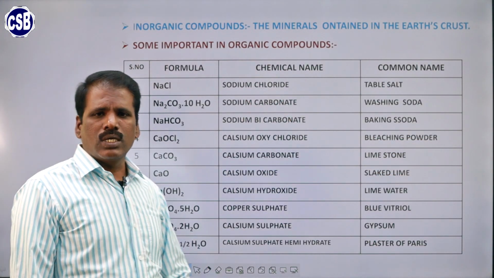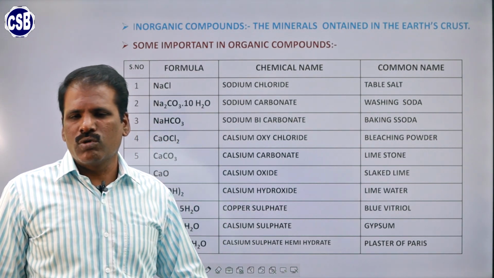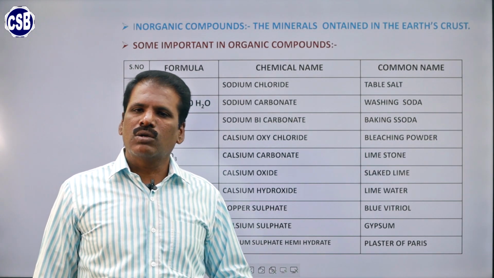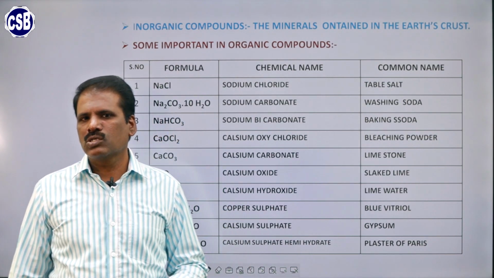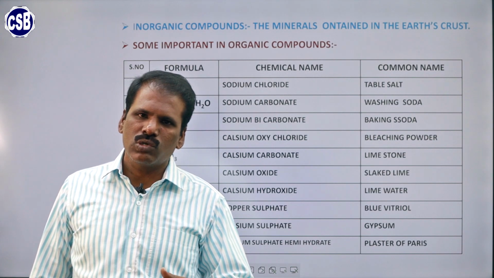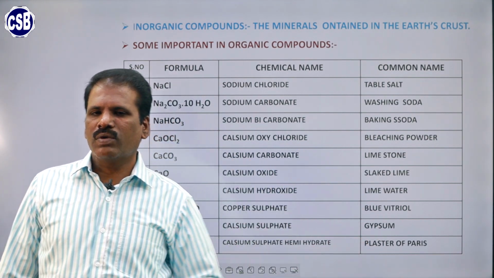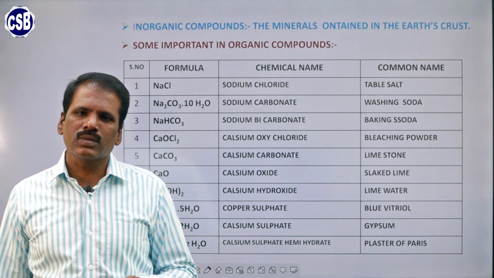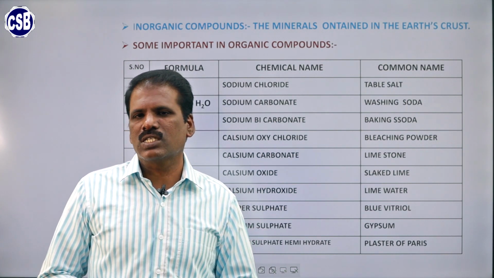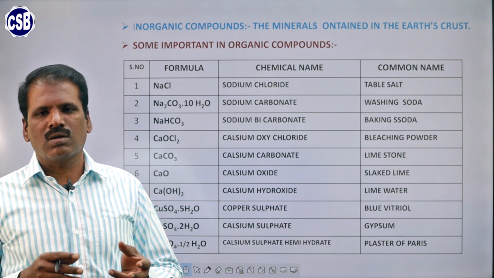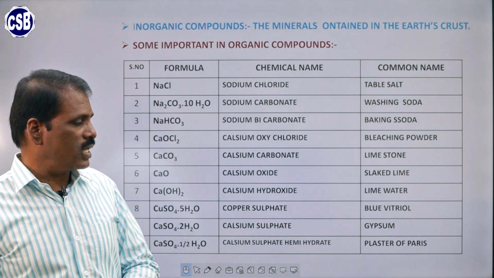Okay, so coming to the compounds, there are two categories, one is inorganic and the other is organic. Before entering into the compounds, we left one more thing, that is metalloids. We have discussed metals and non-metals. We have seen some of the important metals and non-metals used in our daily life.